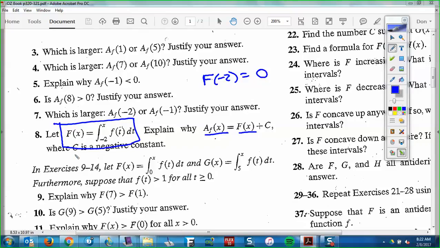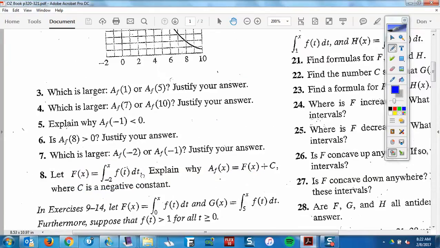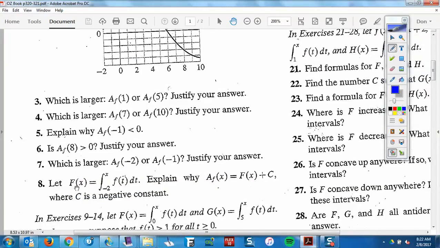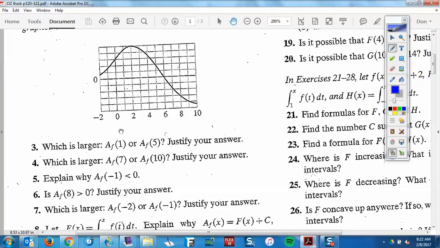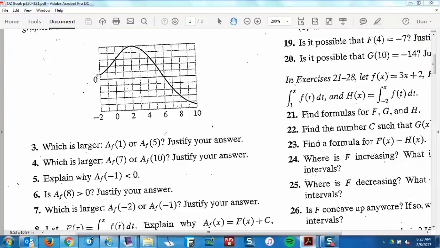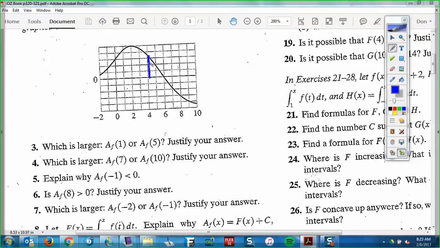But we've got to go a little deeper than that, and we've got to say, okay, but why do we know C is negative? Now, one way to do it, I like what you said where you could actually do the initial condition. You wouldn't have to do that, though. You could say, which is bigger, big A or big F? Well, big A goes from -2 to wherever, right? So let's say I went to here.